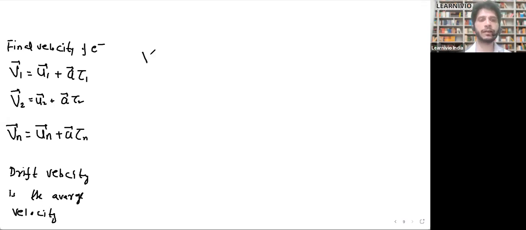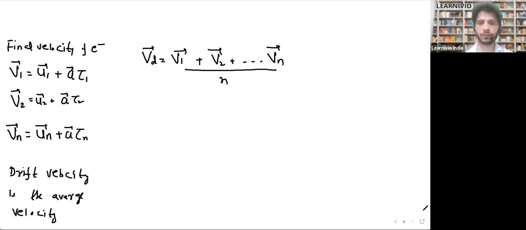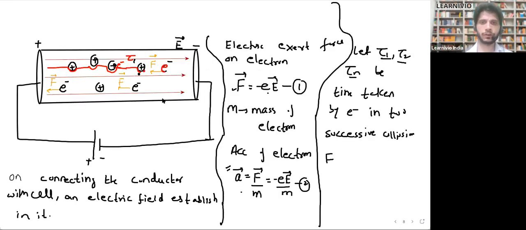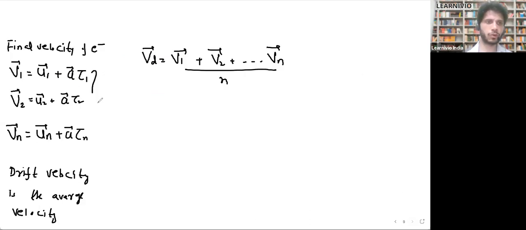So I can write that drift velocity here is the average of individual velocities, v1 plus v2 up to vn divided by n. So this is equation number 2, and this whole is equation number 3, and this is equation number 4.